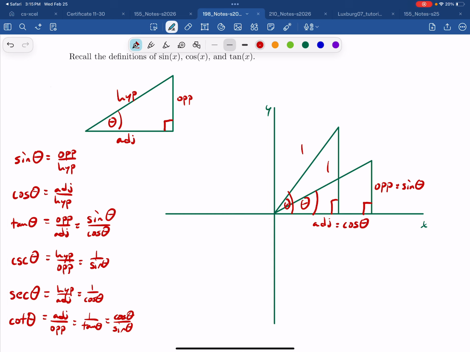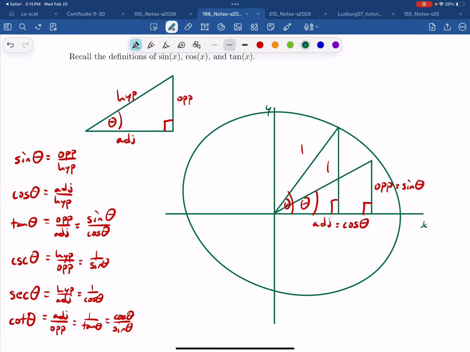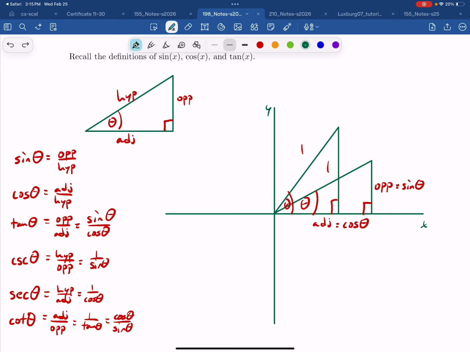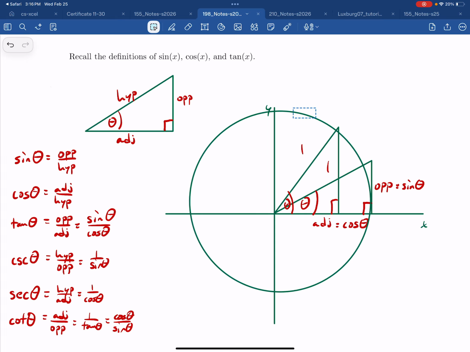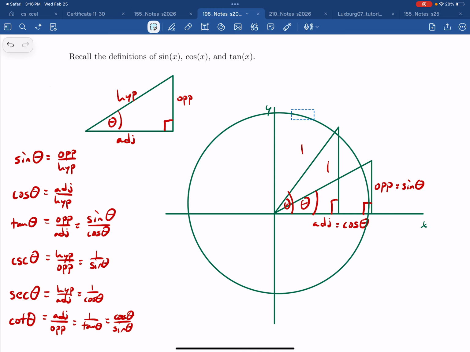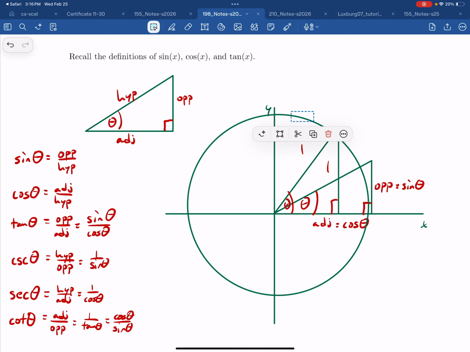Because of the Pythagorean theorem, we know that the sides of the triangle are all related, and so really we could just come up with this unit circle. Pretend this is a circle. Pretend that those touch perfectly. Okay, so we have the unit circle.